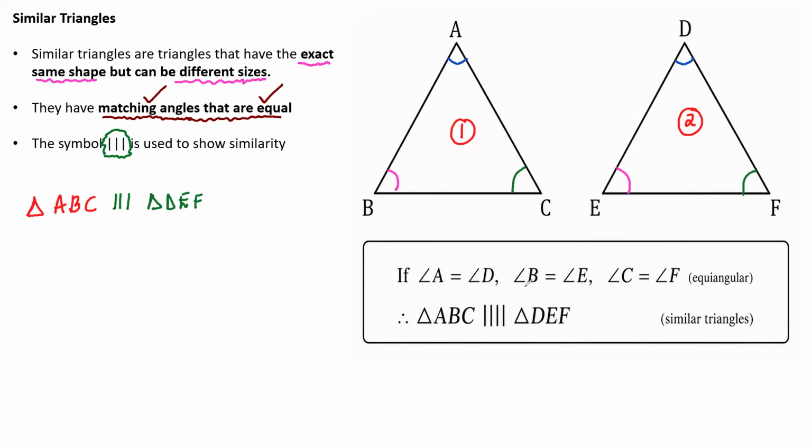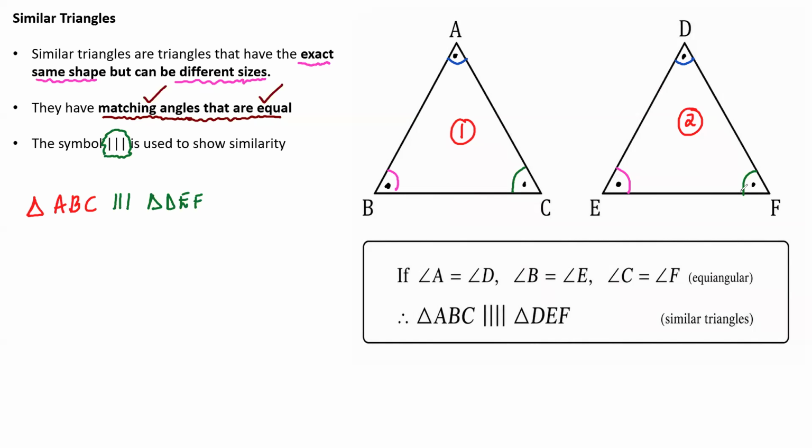So the basis of similarity lies in the idea that the matching angles in the two triangles are equal, matching in the context that where A is at the apex it is equal to D at the apex, where B is left-hand side it is equal to E left-hand side, where C is right-hand side it is equal to F right-hand side. The angles match, then the triangles are similar.